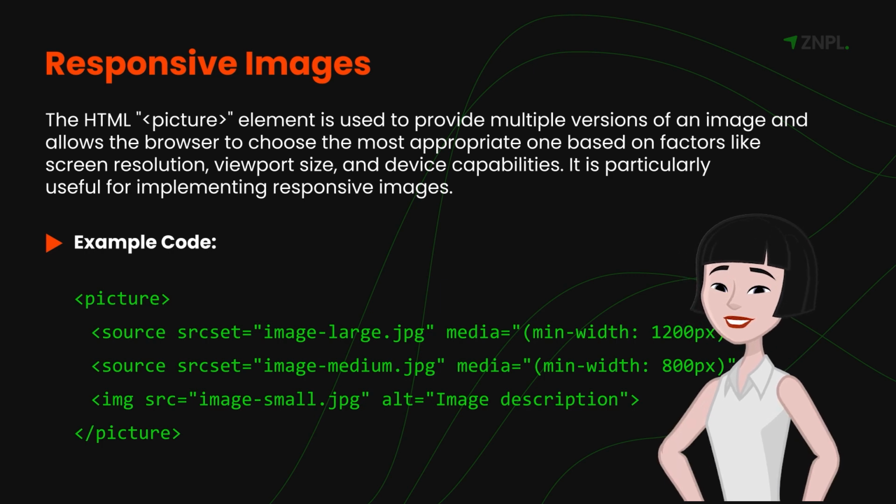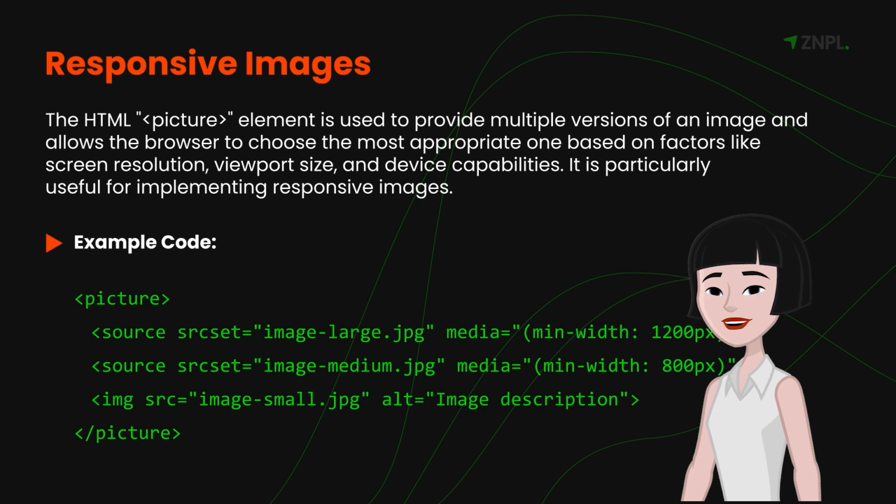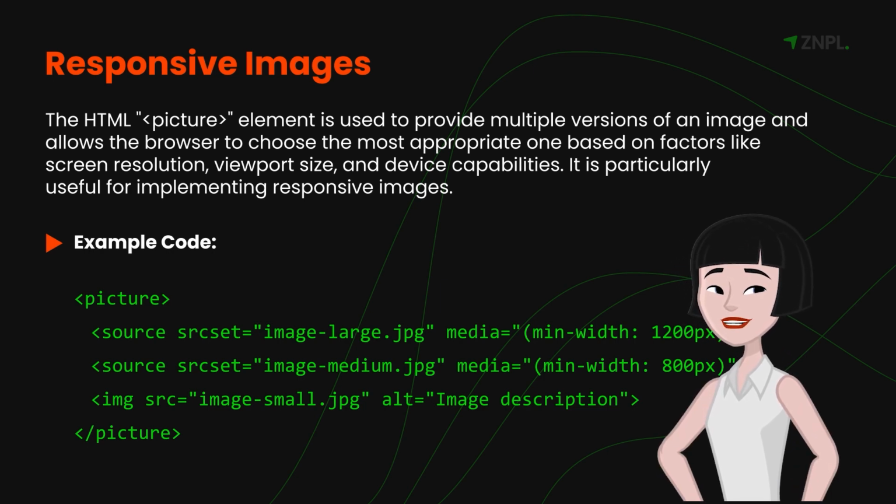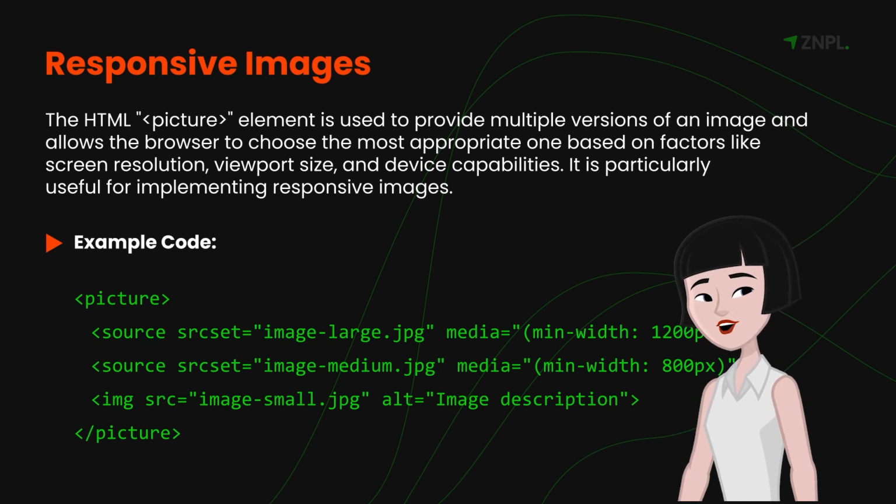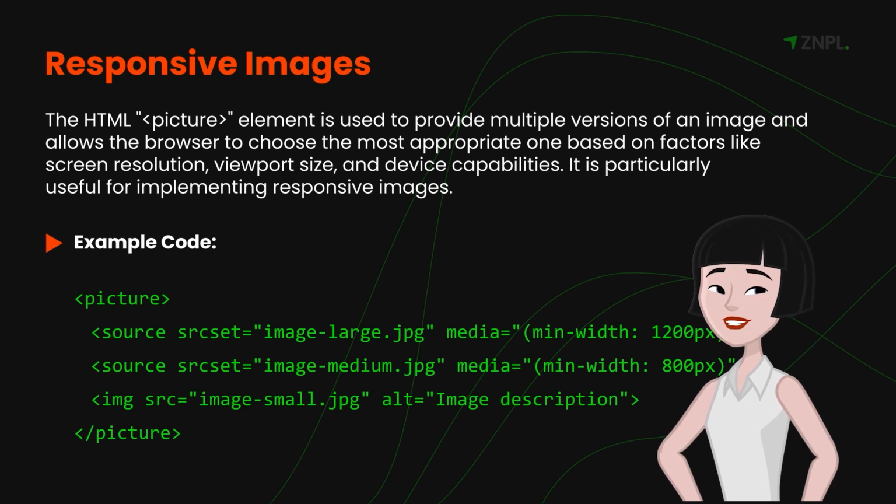In this case, if the viewport width is 1200 pixels or more, the browser will choose image-large.jpg. If the width is between 800 and 1199 pixels, it will choose image-medium.jpg. Otherwise, it will fall back to image-small.jpg as specified by the img element.